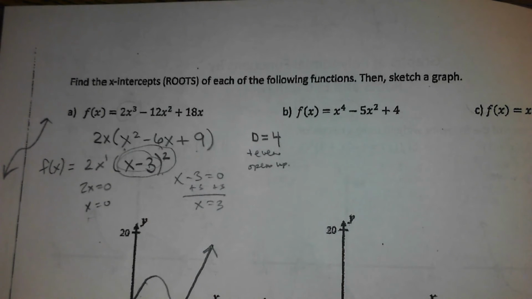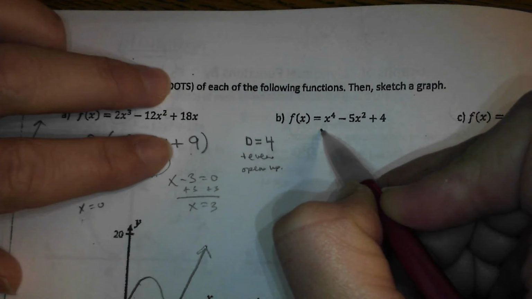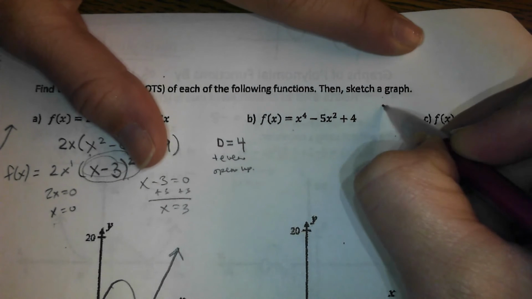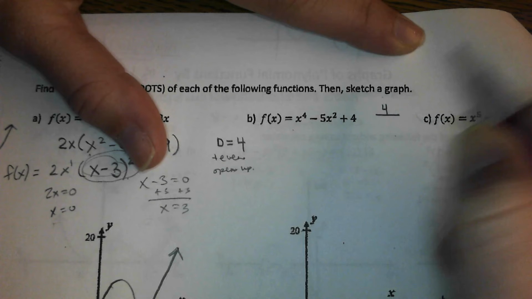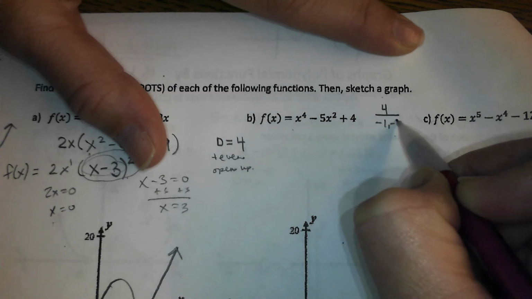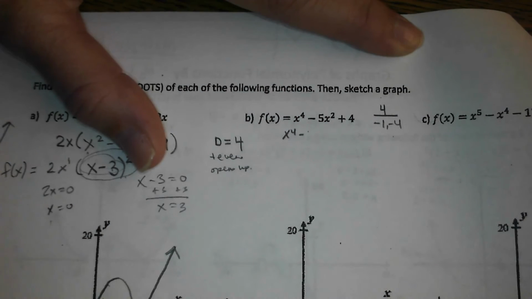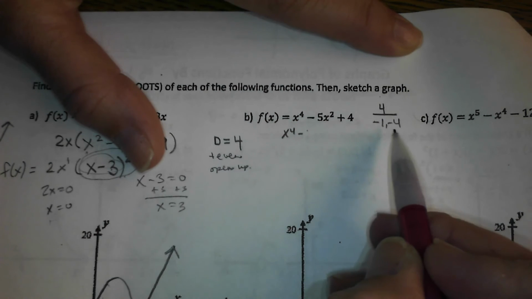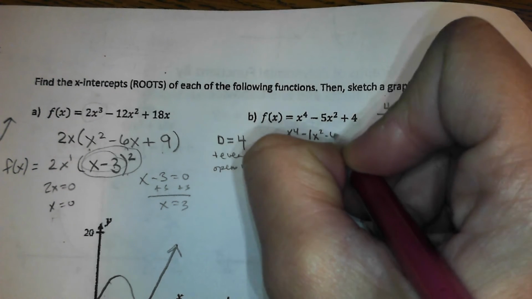Now, we have to factor. Is there a GCF, Bella? Okay, so what's your method? Okay, so I'm looking for two numbers that multiply to get the product and add to get -5. Do you know what they are? Very good. So, split the middle term. The middle term is an x squared term, so when I use those -1 and -4, I do minus 1x squared minus 4x squared.